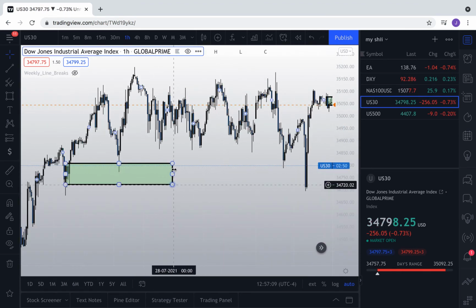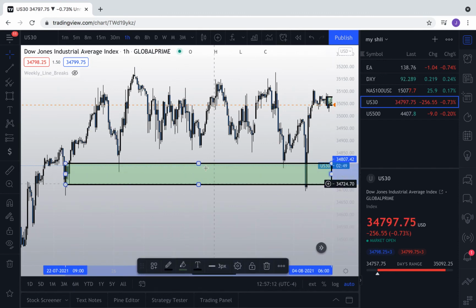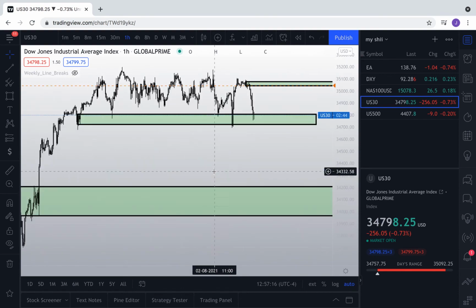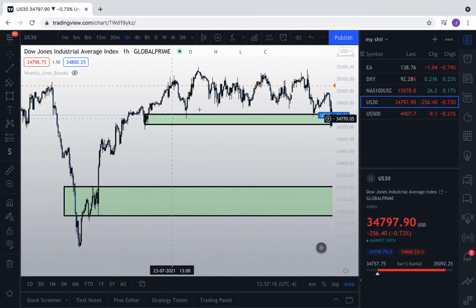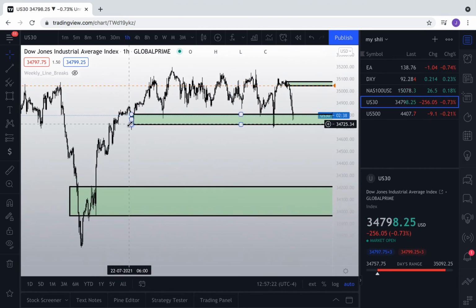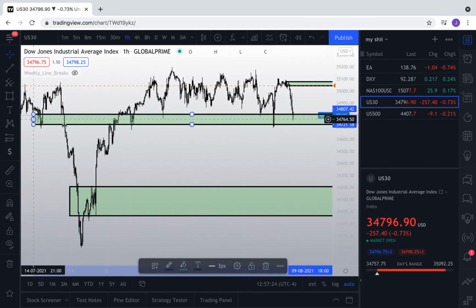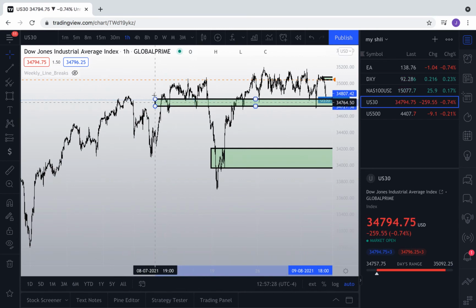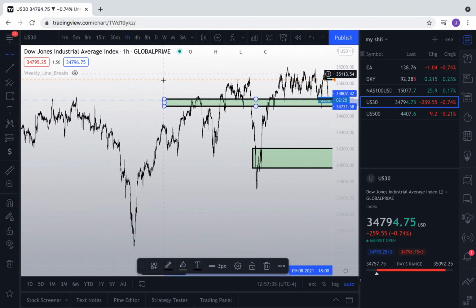And if I extend it in the future, you'll see that it's acting as a floor. And then if I extend it in the past, you'll also notice that it reacts as a floor and ceiling, or supply and demand zone.